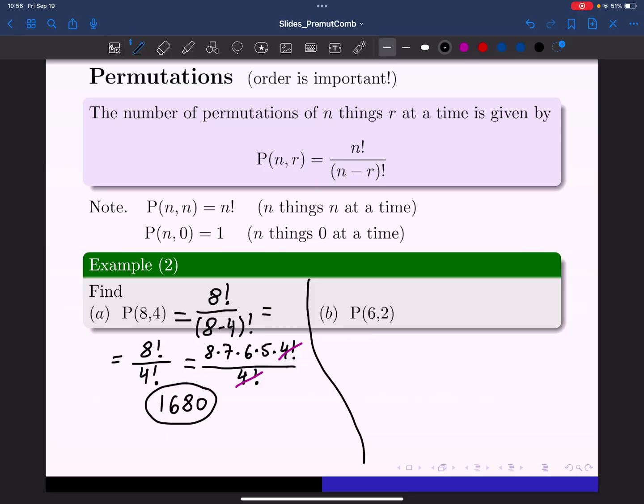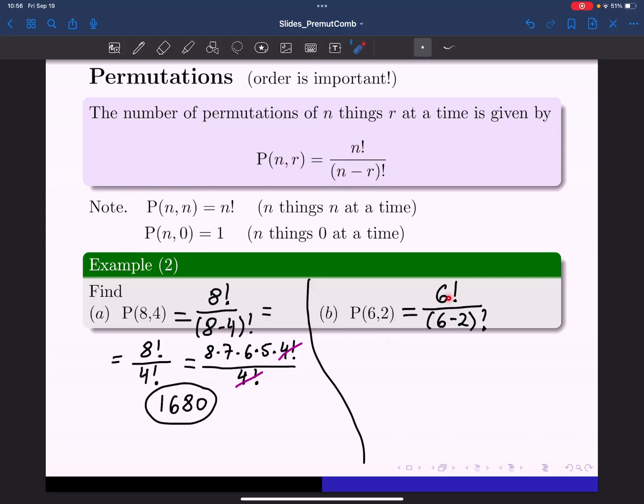For part B, exactly the same. We would have 6 factorial divided by 6 minus 2 factorial. According to the formula, always put the first number on the top, and then you subtract those two.